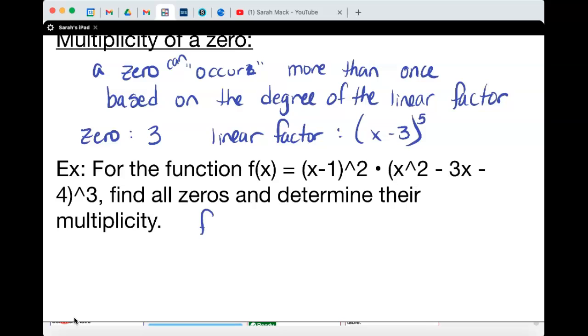So, I need to rewrite this because this looks like a hot mess. So we have this lovely function. Part of it's factored, not all of it. We're going to find all the zeros and determine their multiplicity. So my goal right now would be to factor this x squared minus 3x minus 4 piece.